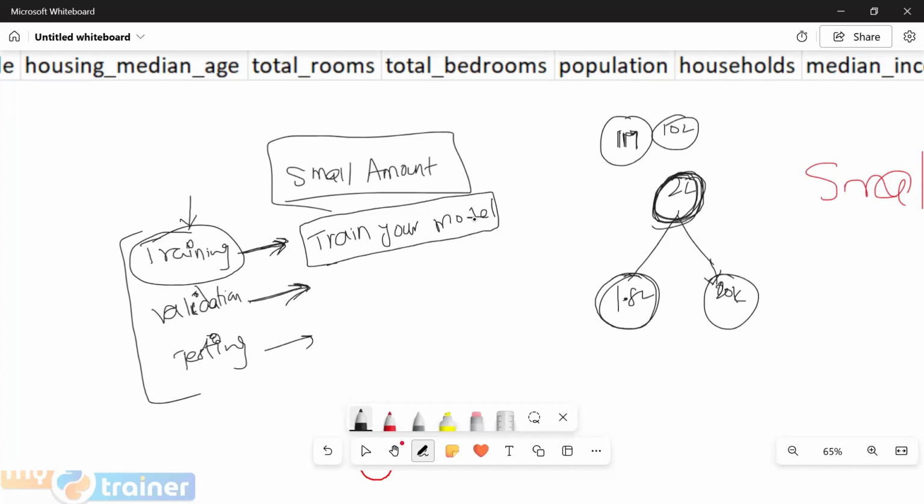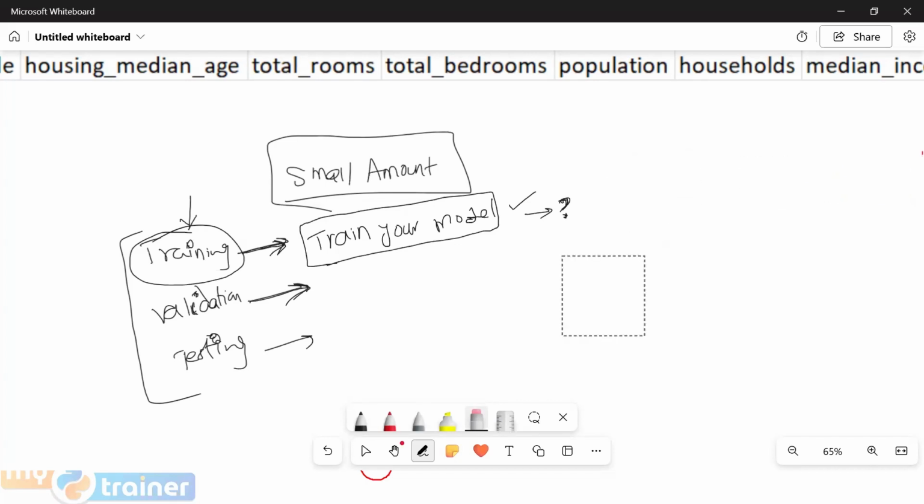The validation set's purpose is this: once your model is trained, you think you trained the model enough number of times. But how to know your model is trained properly or not? Let us just say, as an example, you are preparing for a Python exam.